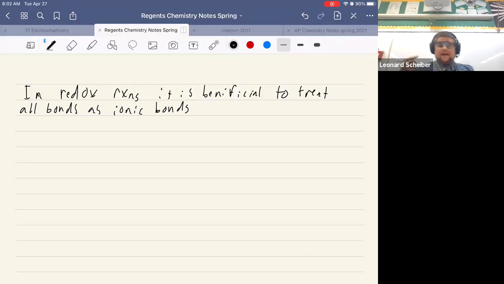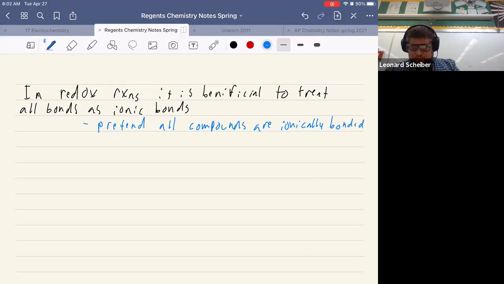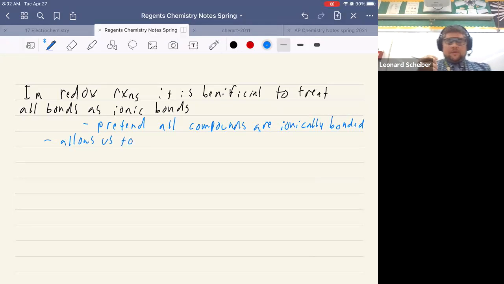So whenever we look at any compound, we pretend that all compounds are ionically bonded. Right? And the reason we do that is it allows us to follow the path of the electrons.